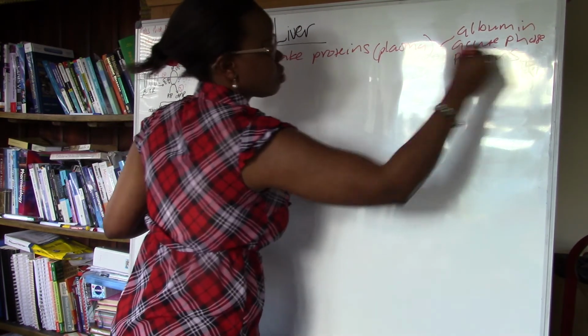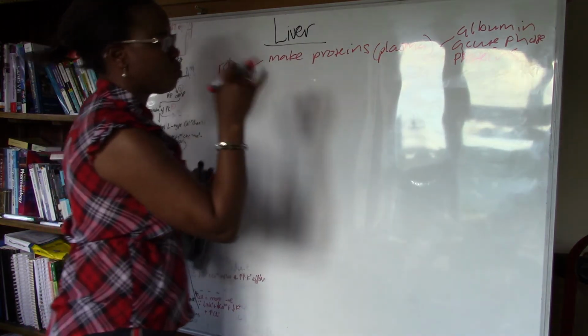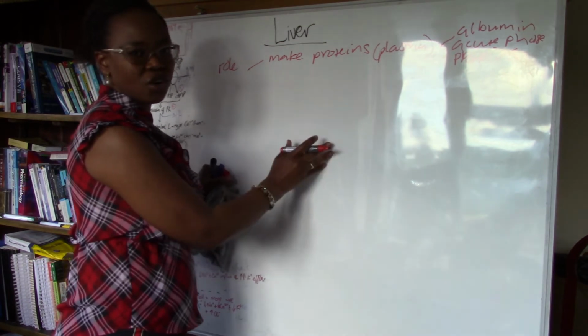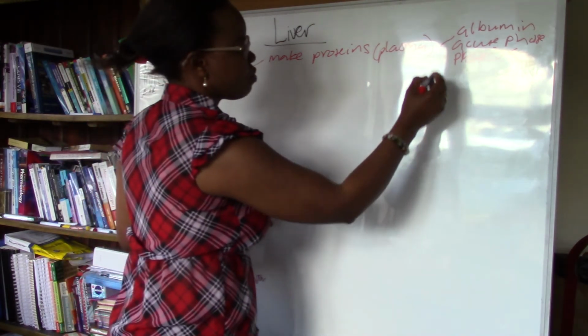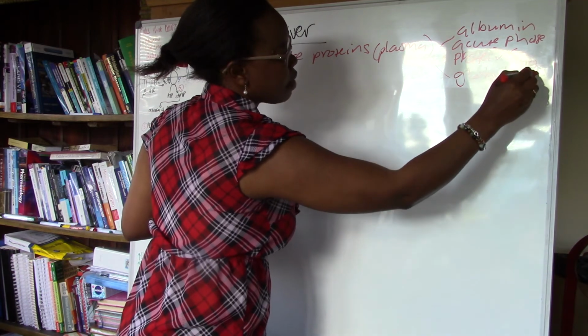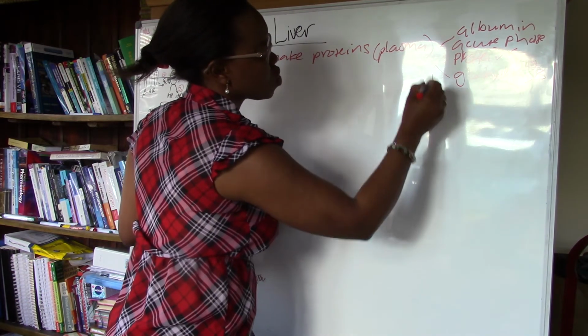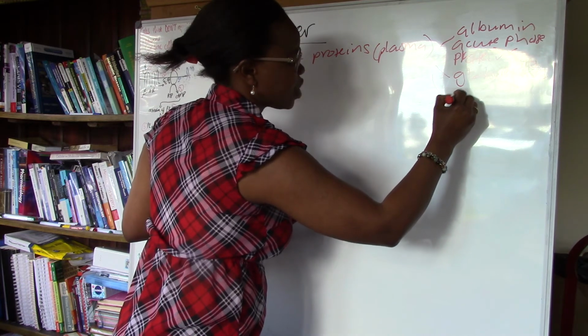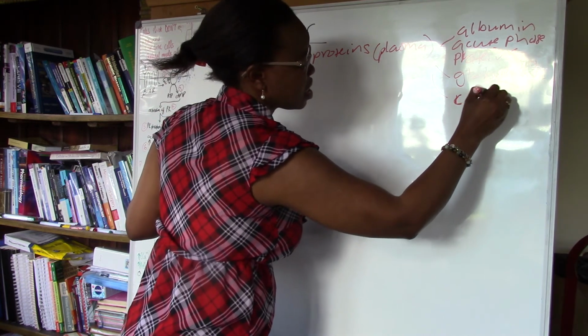I just wanted this to be an introduction, to cover the liver comprehensively, and then divide it into sections of physiology and everything. It also makes globulins, the alphas, the betas. It also makes coagulation factors.